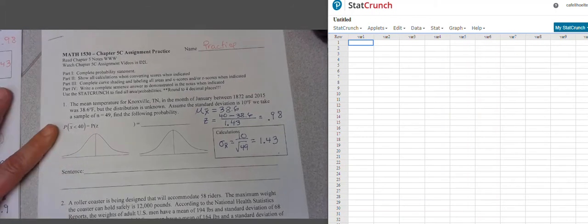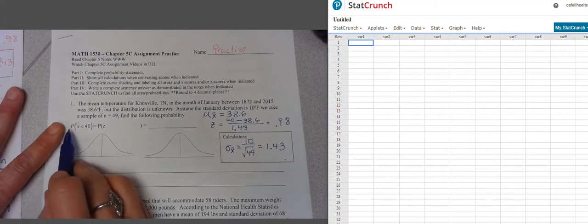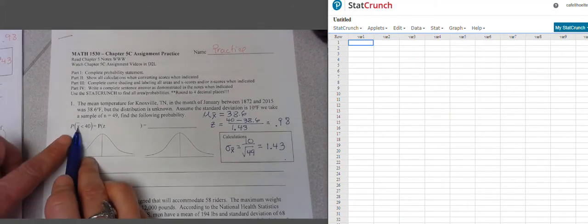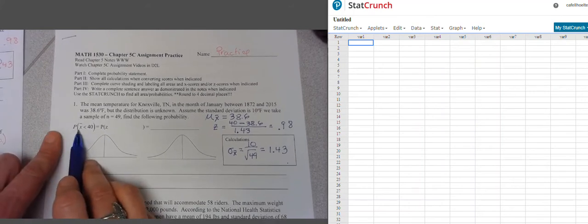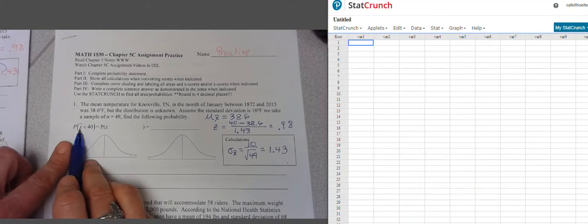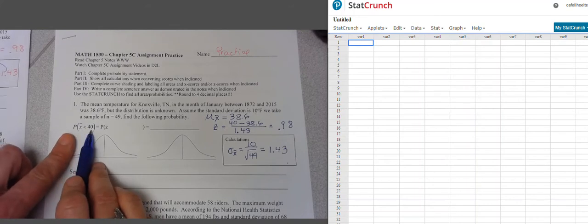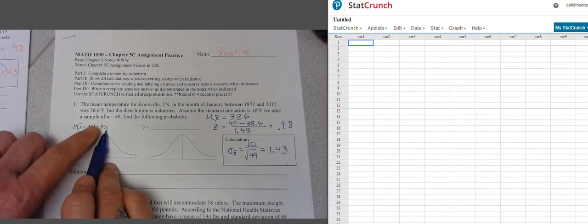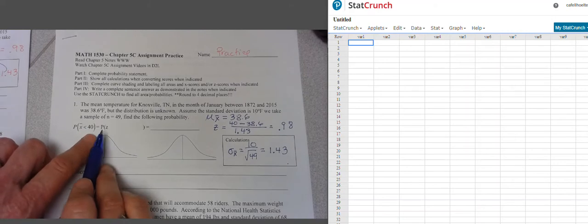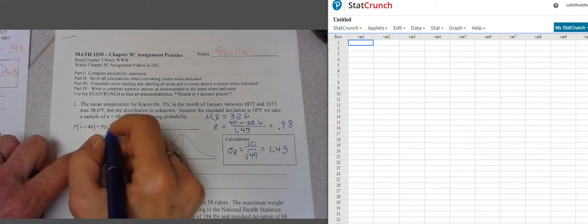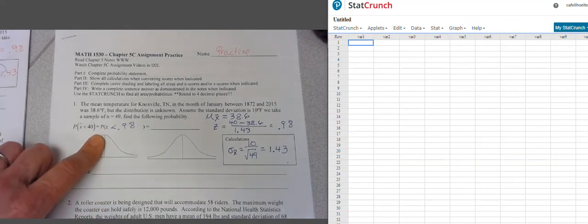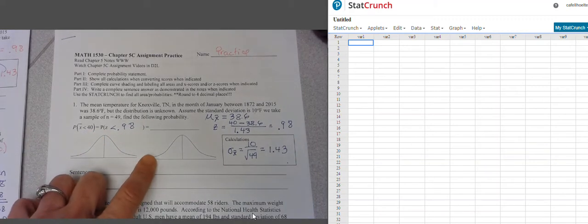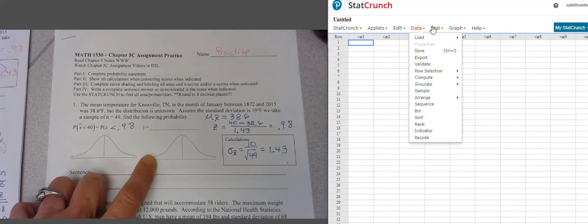So going back to our probability statement, the probability that the mean of the 49 temperatures that we got is going to be less than 40 is the same thing as the probability of getting a z-score less than 0.98. So we can go to our standard normal calculator in StatCrunch to figure that out.